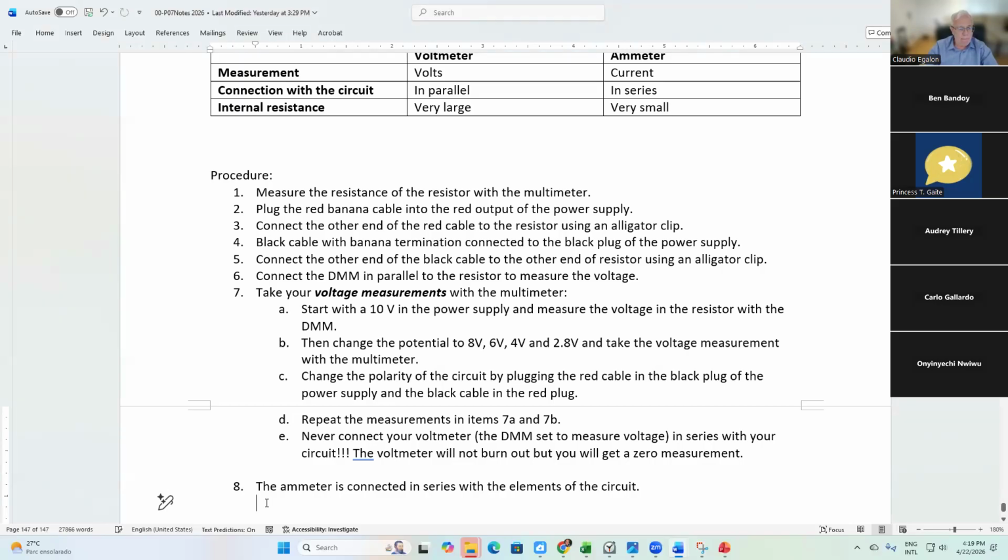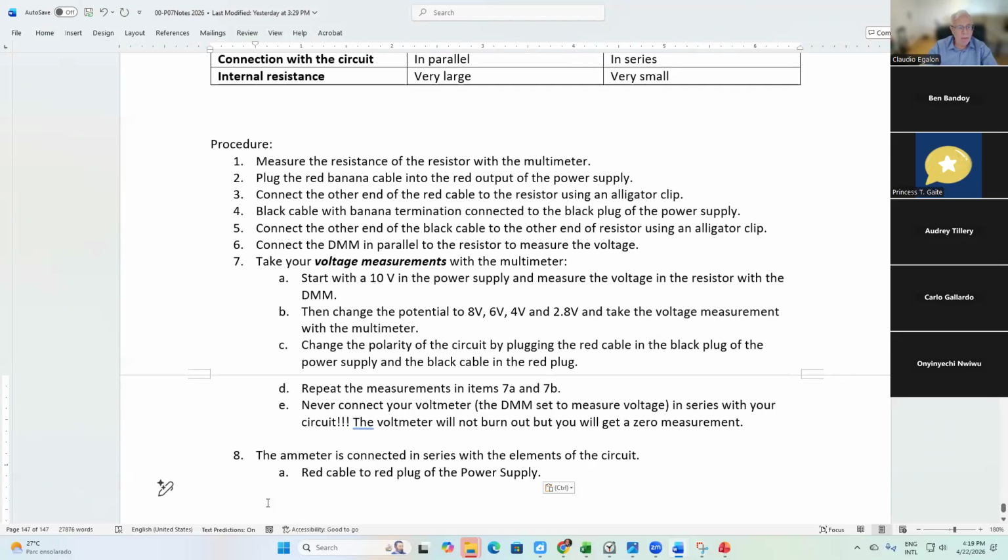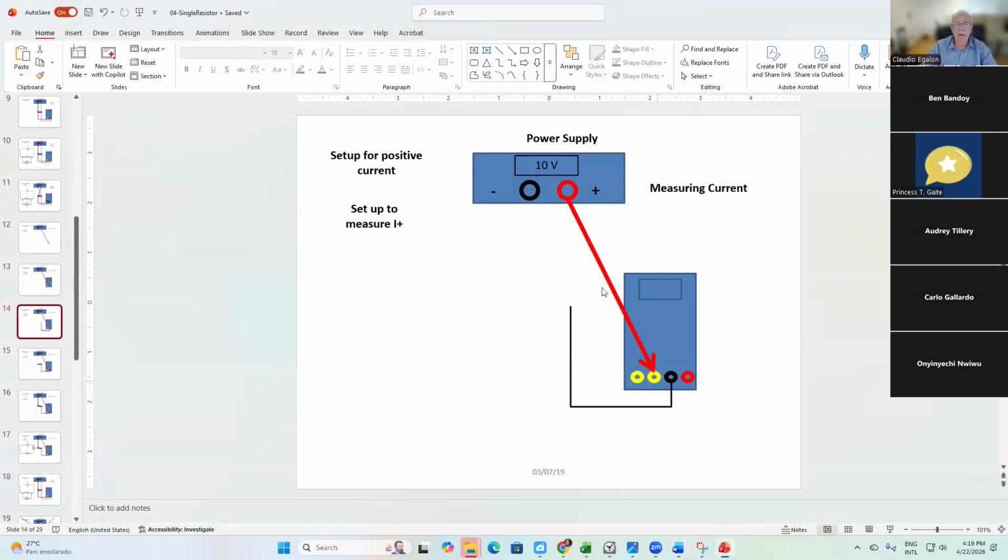So red cable to the red plug of the power supply. You saw that, right? Red cable to the red plug of the power supply.